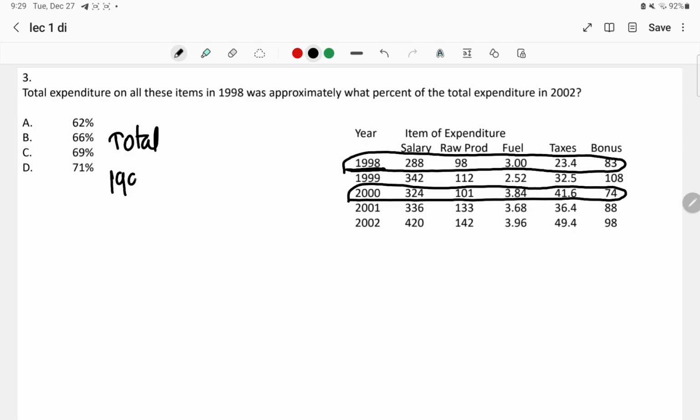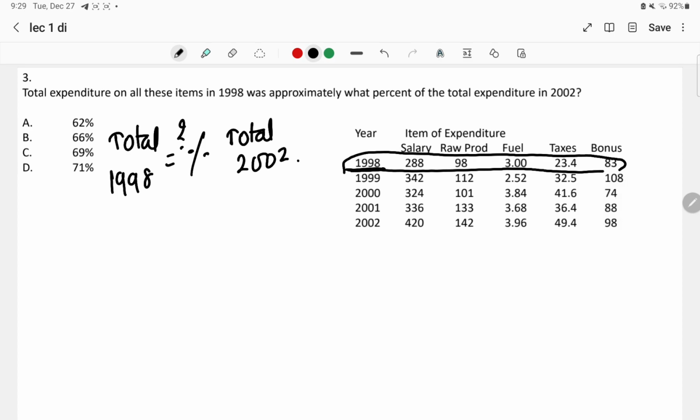in year 1998 is what percent of total expenditure in 2002. To calculate this, what you are going to do is take the summation of all the expenditures from the year 1998 of salary, raw product, fuel, taxes and bonus, and divide it with the total expenditure done by the company in year 2002. 2002, not 2000, sorry, in the year 2002.